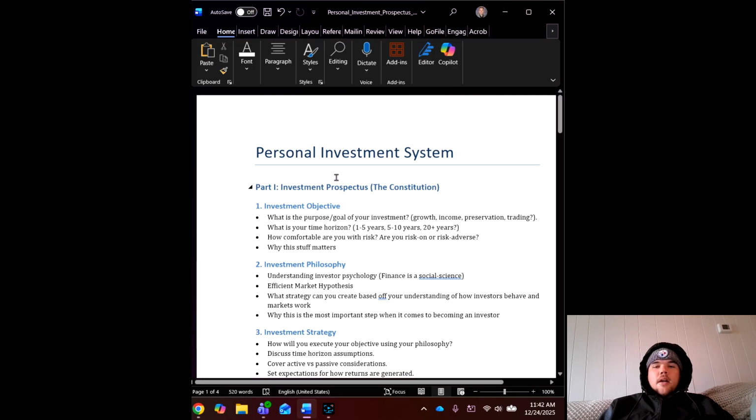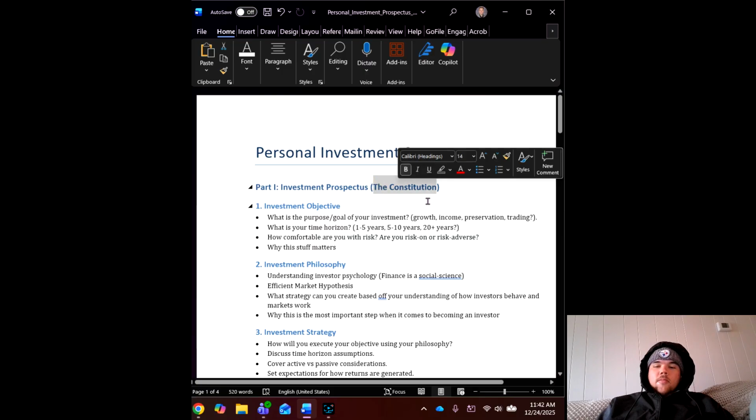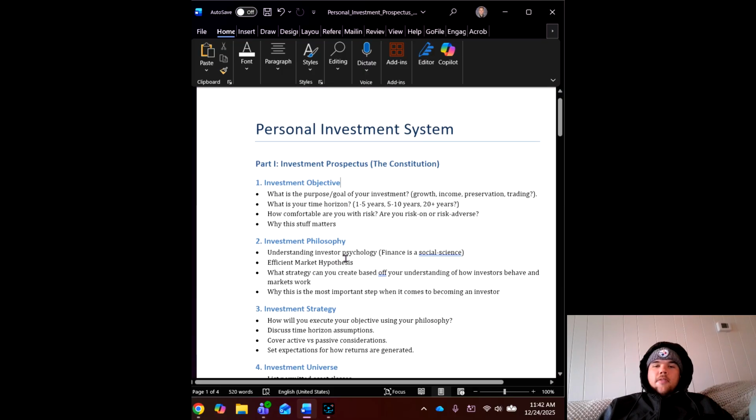This is why I believe it's one of the most important steps, because when you boil it all down, this is why you invest and how you invest, and your beliefs about your investments. Another term for it could be your constitution. An investment prospectus is your constitution to your investment world.